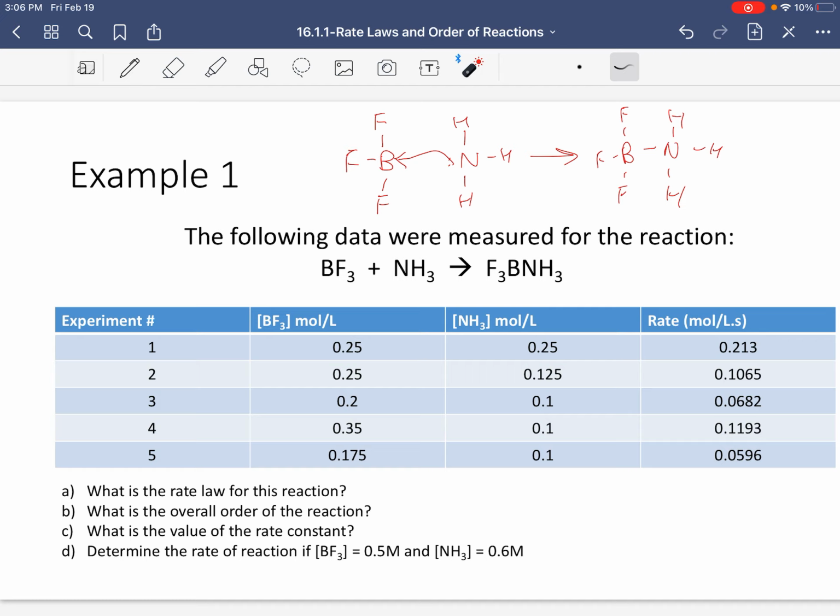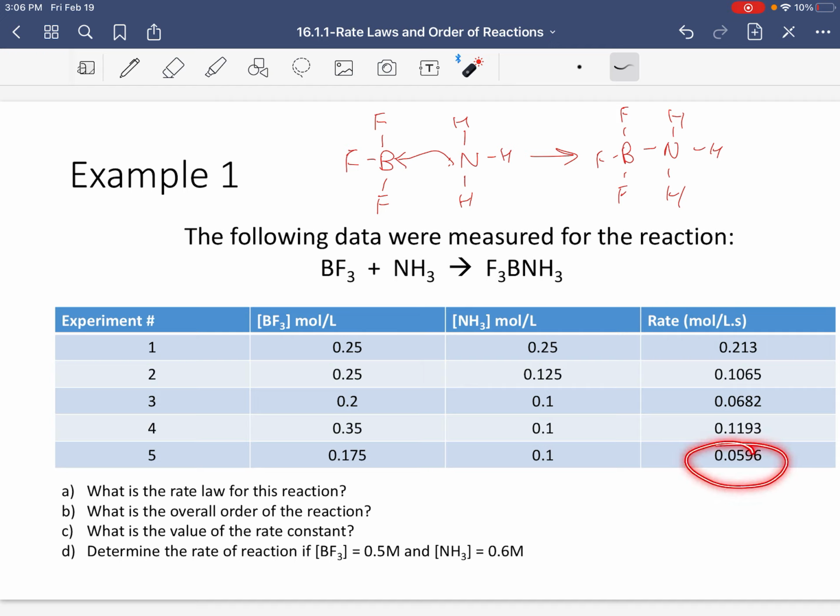Well, most of the time, we like to repeat some experiment with other parameters. So in terms of experiment 5, we kept ammonia at 0.1 molar. We dropped BF3 to a smaller number than 0.2. And if theory holds true, increasing BF3 will increase the rate, while decreasing BF3 should decrease the rate, right?